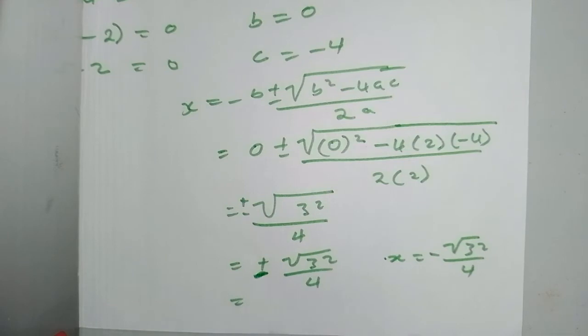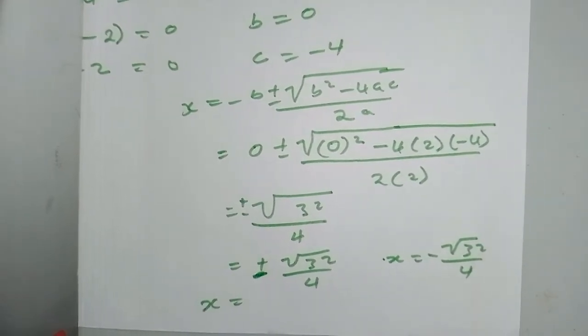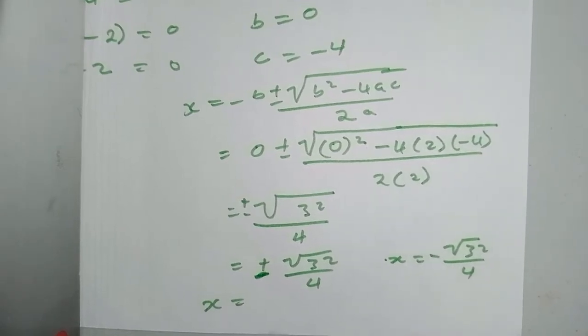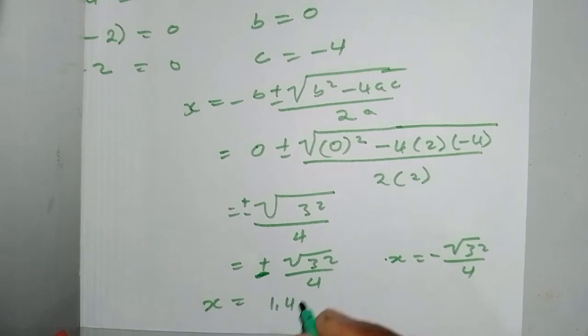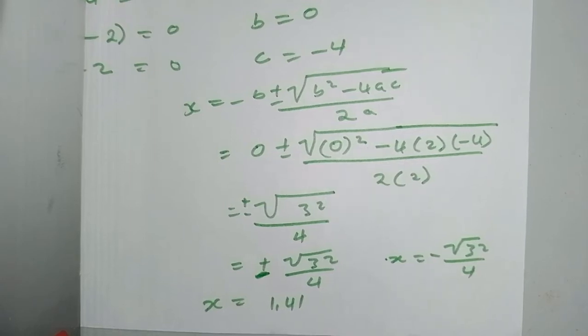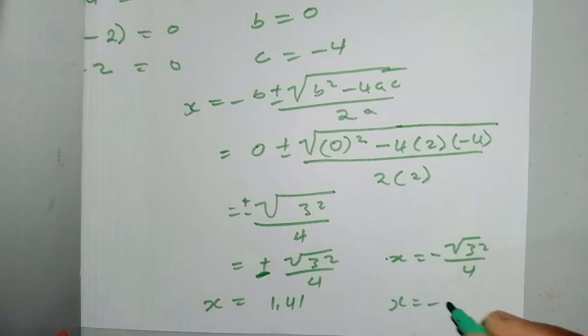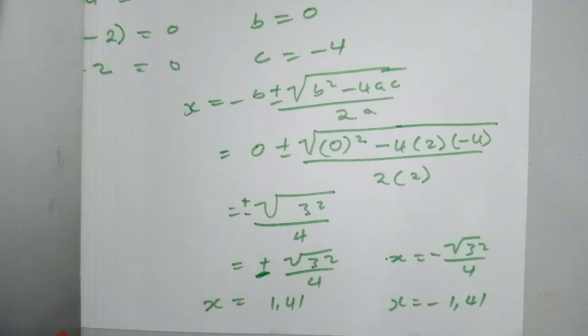This will just give me x equals square root of 32 divided by 4, which is square root of 2, which is just 1.41. Then the negative one is just going to be the opposite of that, which is negative 1.41. Right there.